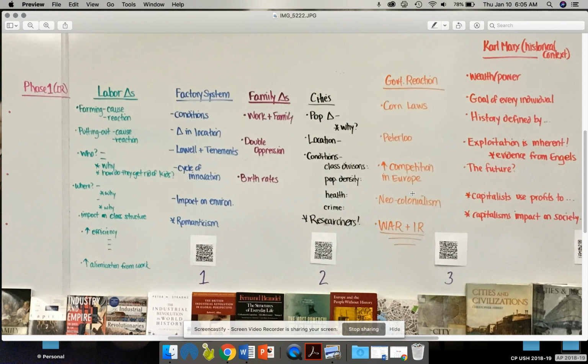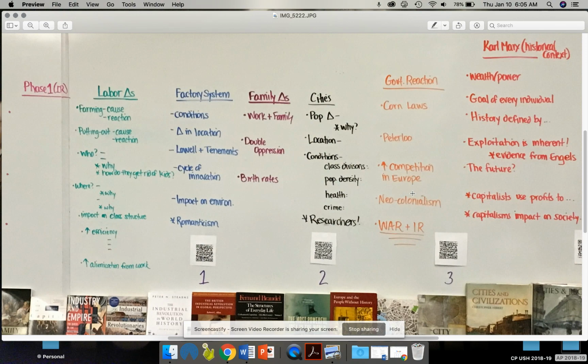We know that. We know Britain is first. But after that, then we have a phase where America and Germany become industrialized and really become industrial powerhouses. And during the final phase, you have 2 other groups, which we will talk about later, entering into industrialization as well. And those 2 countries are going to be Russia and Japan.